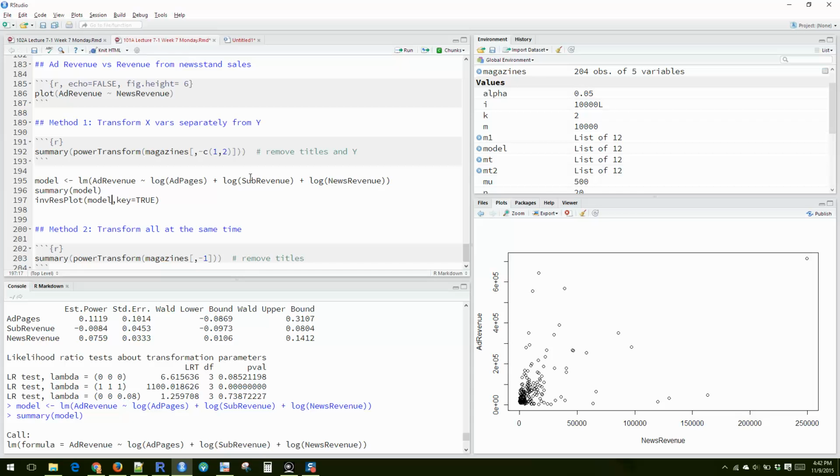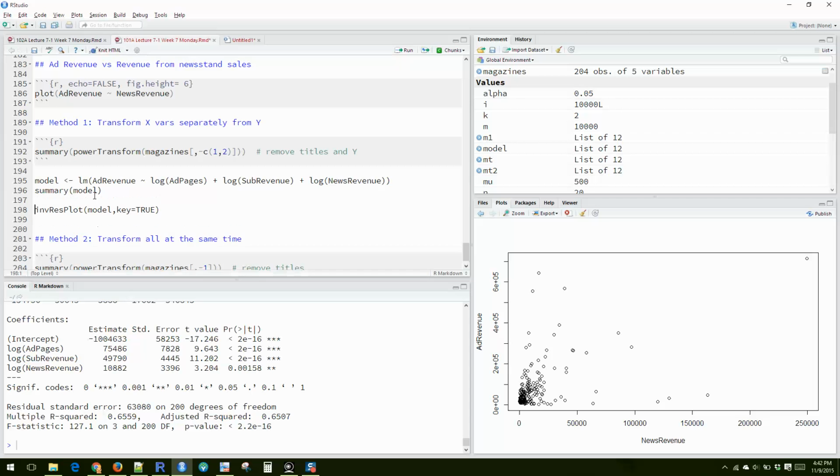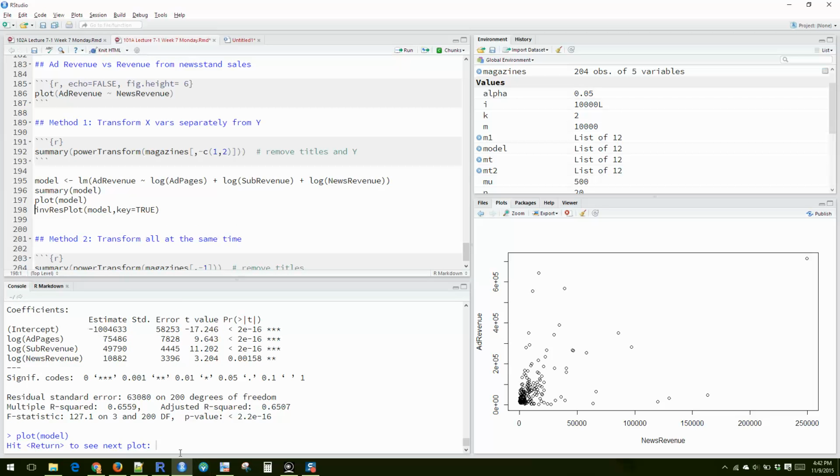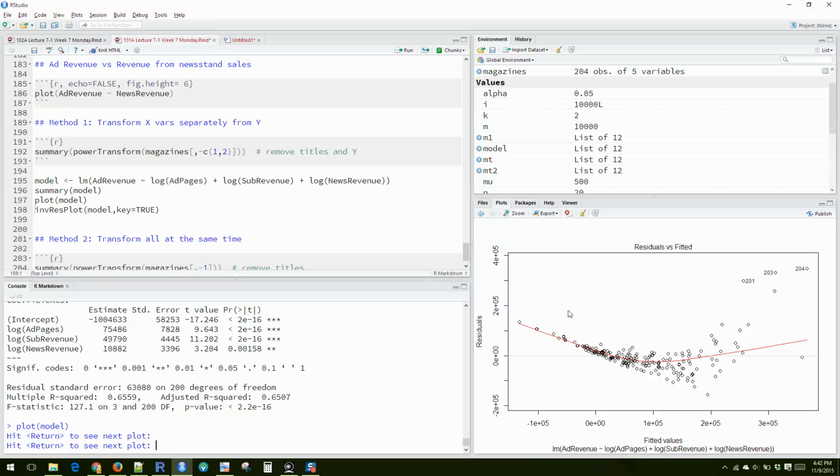So anyway, I'm fitting the log of the x's to ad revenue, and I can do summary of the model, and I can even plot the model and see what this looks like. So this is our residuals versus fitted values, and we see some problems clearly still exist.